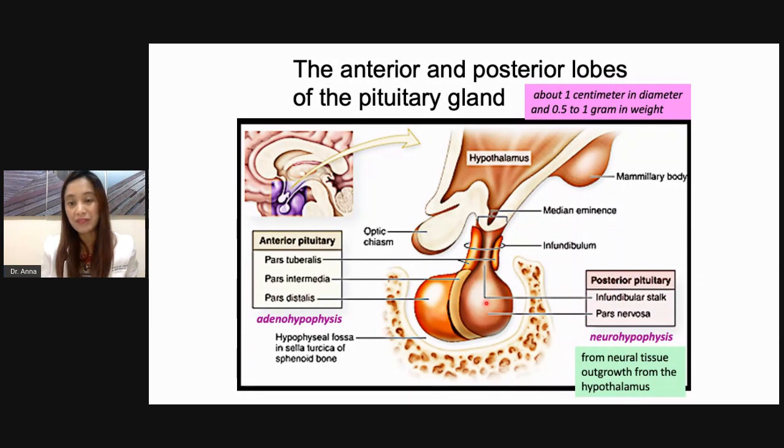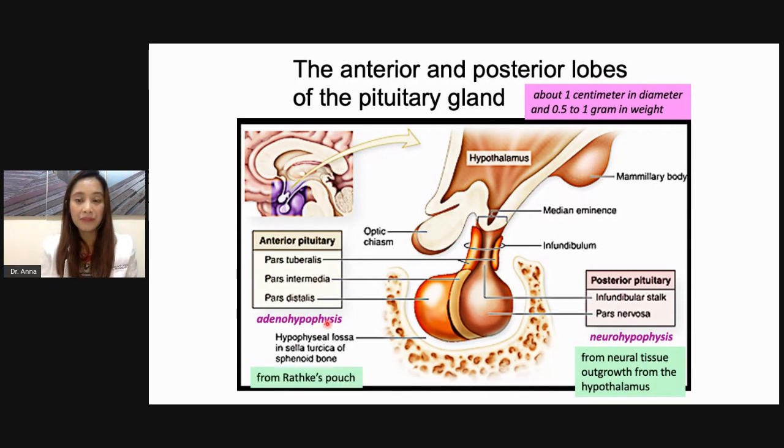It's pars nervosa because it's actually nervous tissue. Okay, it's from the neural tissue outgrowth from your hypothalamus. And you see the close relationship of your pituitary to your hypothalamus and also your optic chiasm.